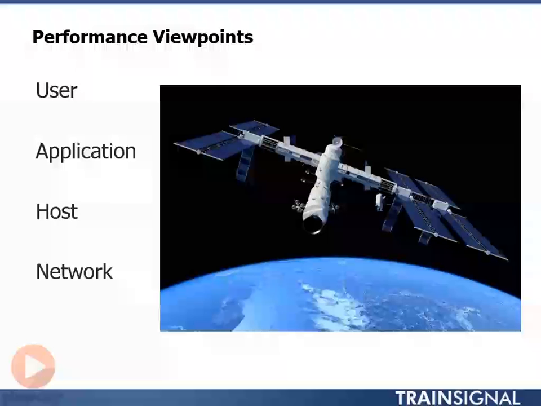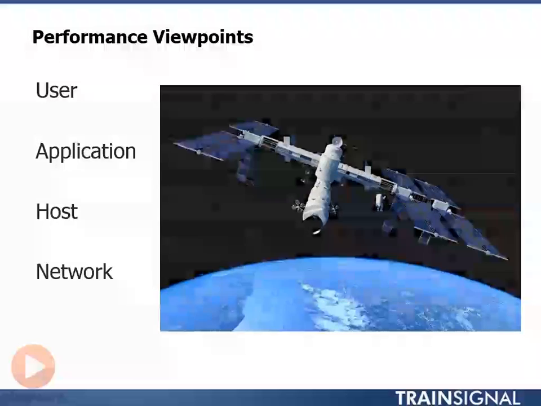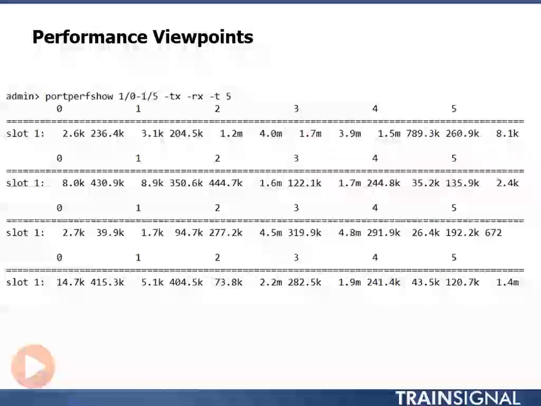The output that we can see on the screen now shows the output of a portperfshow command on a Brocade Fibre Channel switch. The command is showing the transmit and receive throughput for the first 6 ports on slot 1, and the command was told to run and update the view every 5 seconds. That's why we have 4 rows of output. We ran the command for 20 seconds.